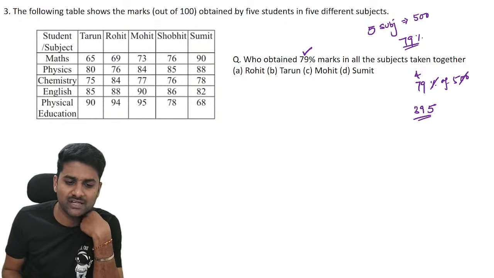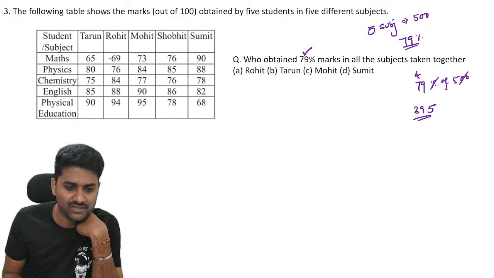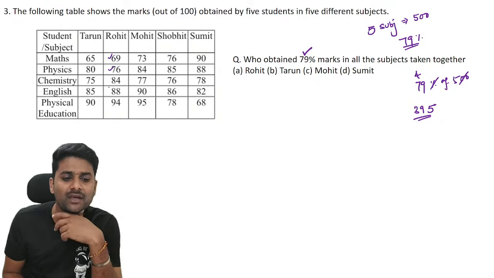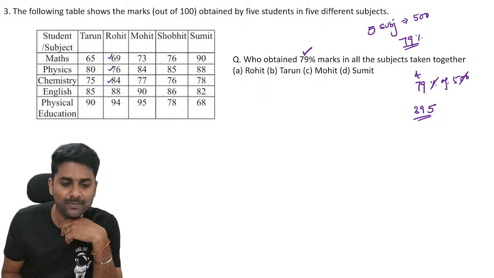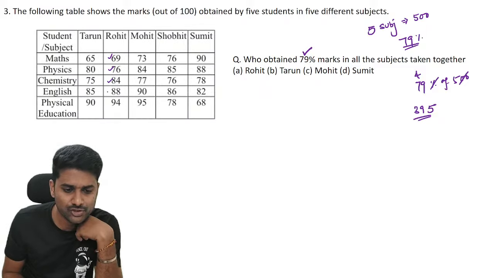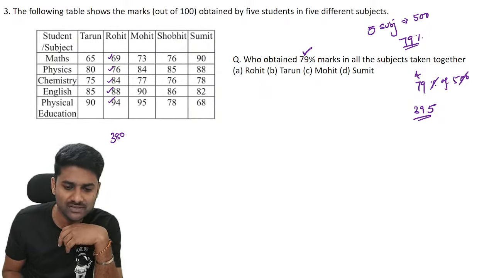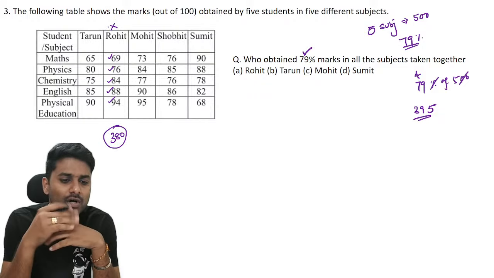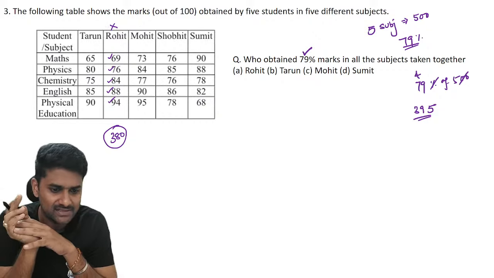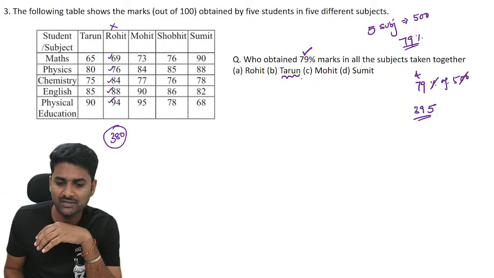According to the options, let's take Rohit's data here. 60 plus 70 is 130, 130 plus 80 is 210, then 290 and 380. Moving on to the other value, if you go through the sum, the value becomes more than 395. That's why Rohit definitely got more than 79%. Let's take Tarun here.